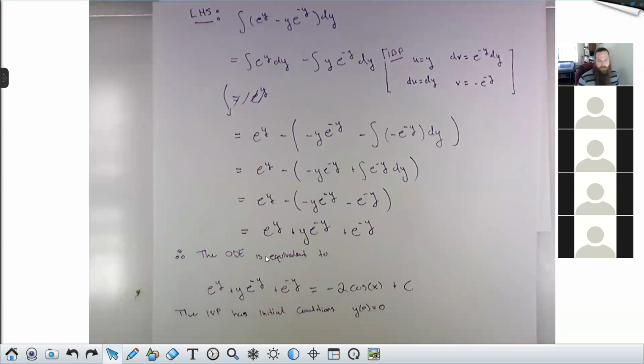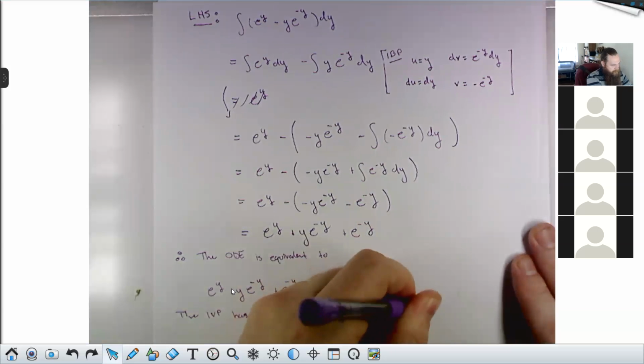Which is the same thing as saying that the solution curve should go through the origin. Or when you plug in 0 for x, y should be equal to 0. So I'm going to plug in 0 for x here and 0 for all of these y's, and that will let me solve for c.